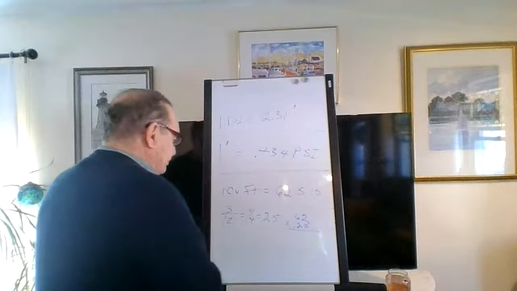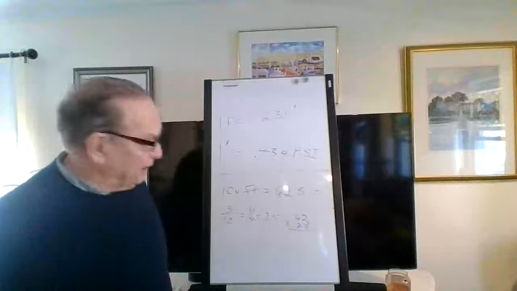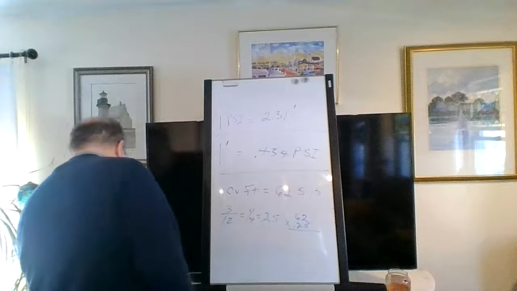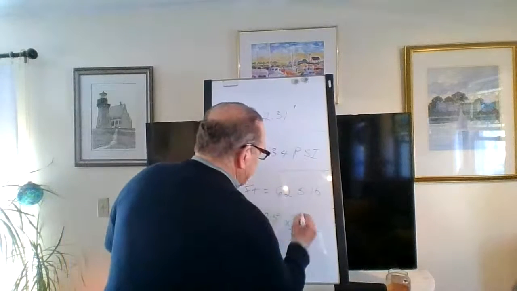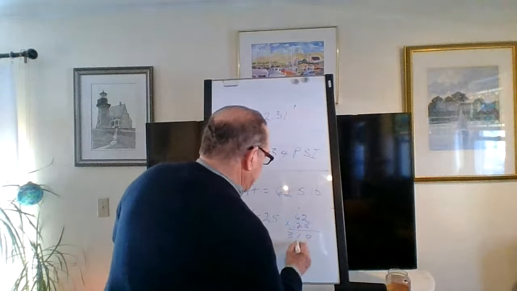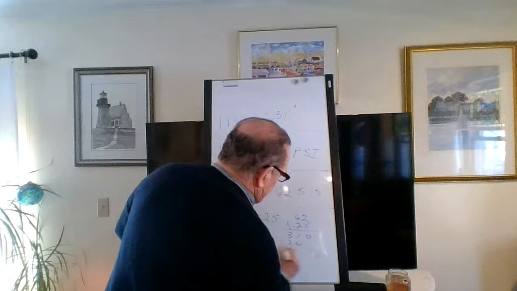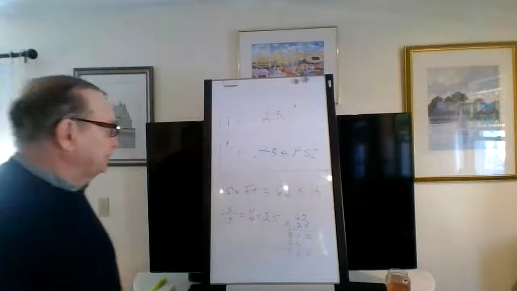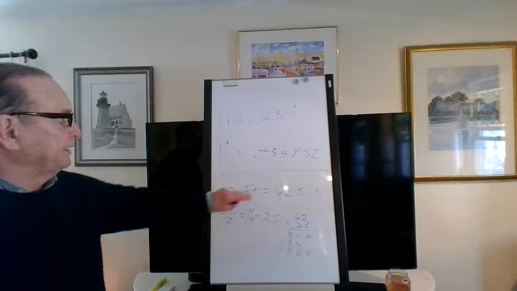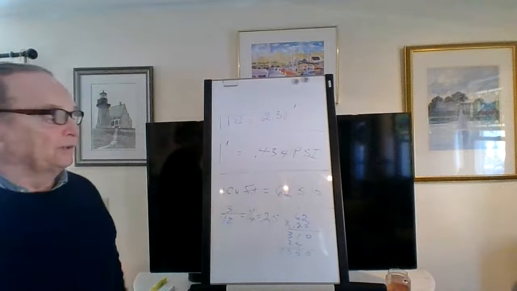Now I can do that in my head, but it would be kind of rough, and I don't have my calculator. That's the problem. Okay, let's do the math. Looks like 15.5, which is about right. Yeah, it is right. A quarter of 60 is 15.